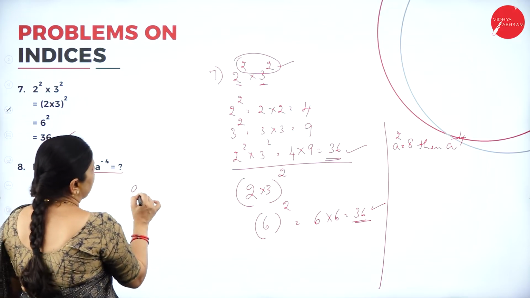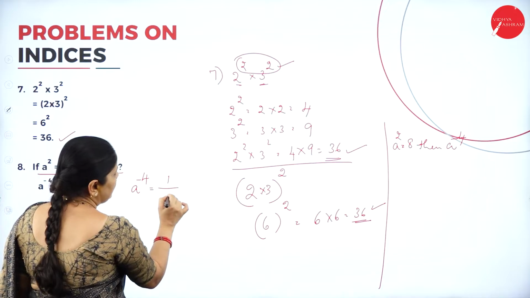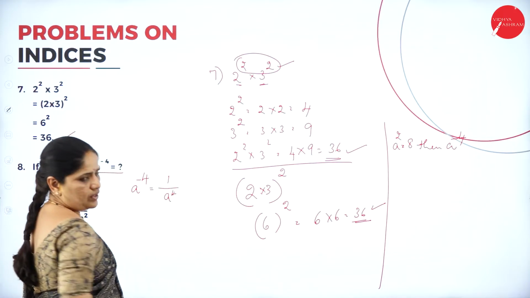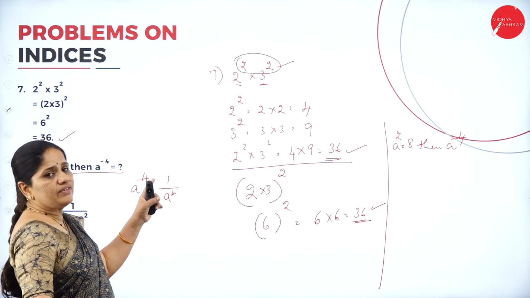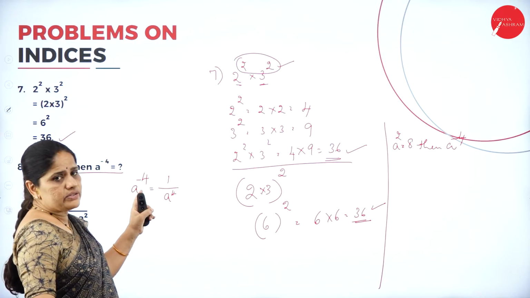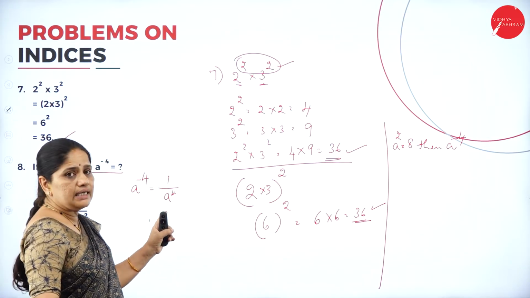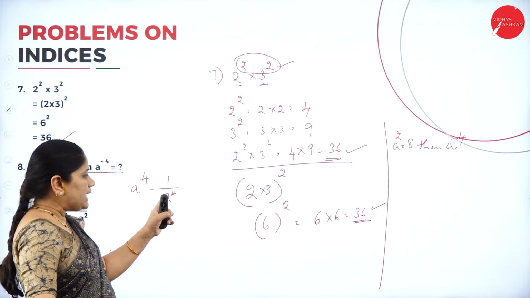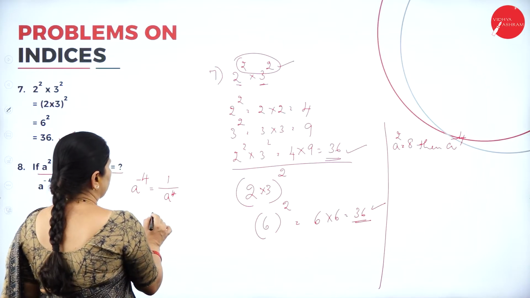Now, a to the power of minus 4 equals 1 by a to the power 4. Why 1 by a to the power 4? Because here we will be taking this negative sign. So when I don't want the negative sign, I will be writing this whole expression in the denominator. So 1 by a to the power 4.